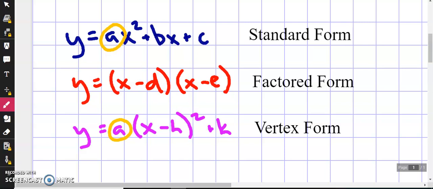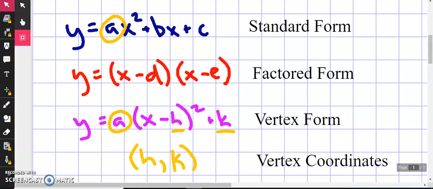The other thing I want to point out is that the letters h and k represent the vertex point, or the coordinates of the vertex. So what we're going to look at next is how to take an equation that's in standard form and convert it into vertex form so that we can figure out where the vertex point is on that parabola.